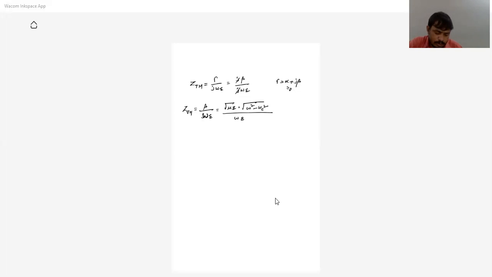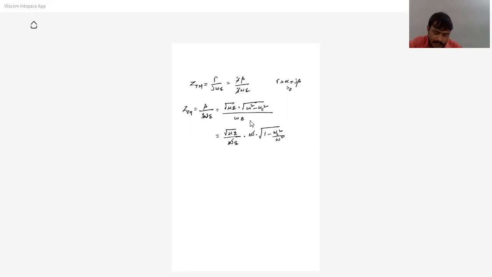So beta is root mu epsilon into root omega square minus omega c square. So from this, it is equal to root mu epsilon by omega epsilon into, taking omega out, omega into root 1 minus omega c square by omega square.